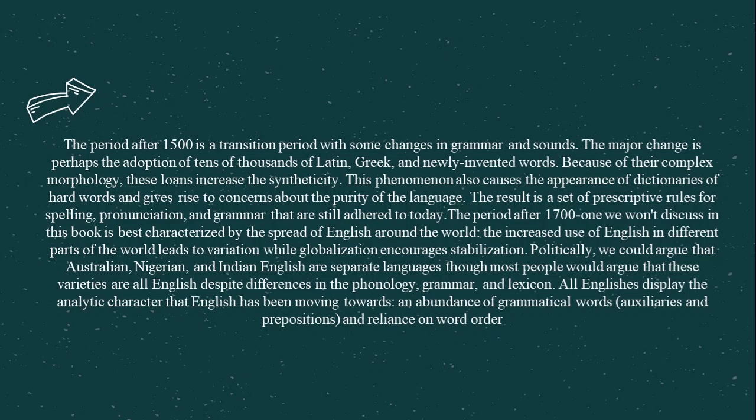Politically, we could argue that Australian, Nigerian, and Indian English are separate languages, though most people would argue that they are varieties of English, despite differences in phonology, grammar, and lexicon. All Englishes display the analytic character that English has been moving toward, with an abundance of grammatical words and reliance on word order.